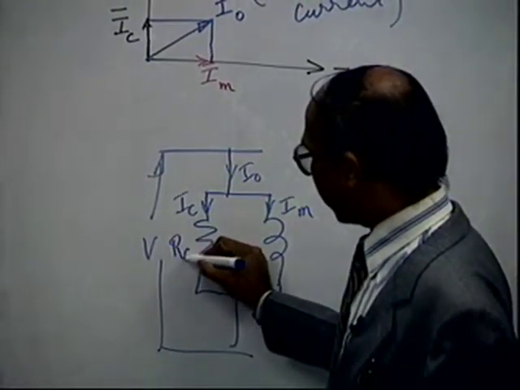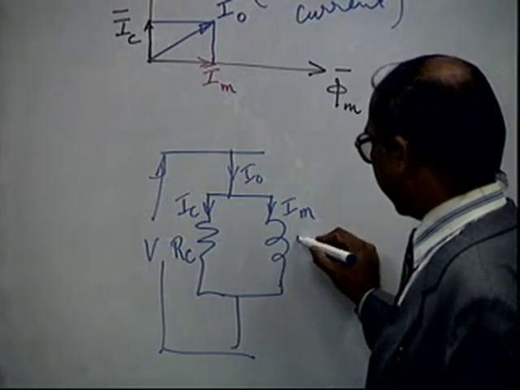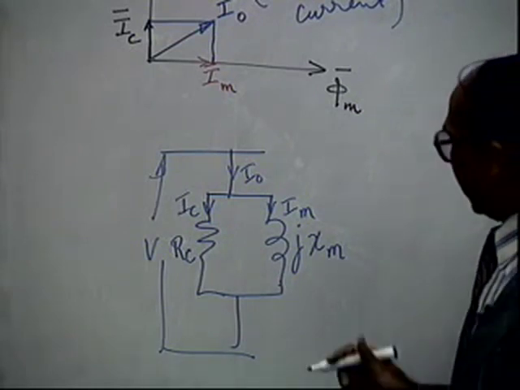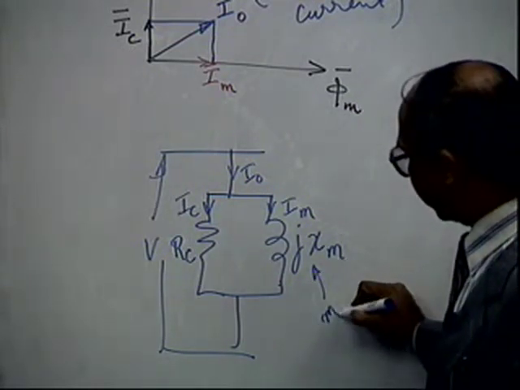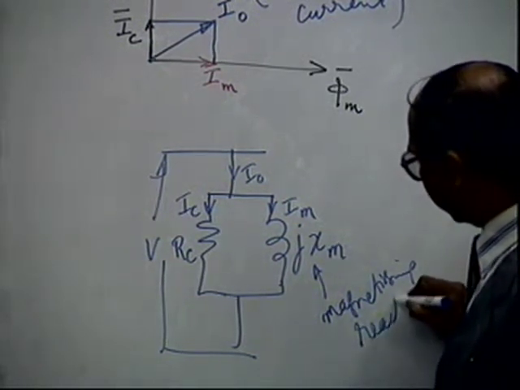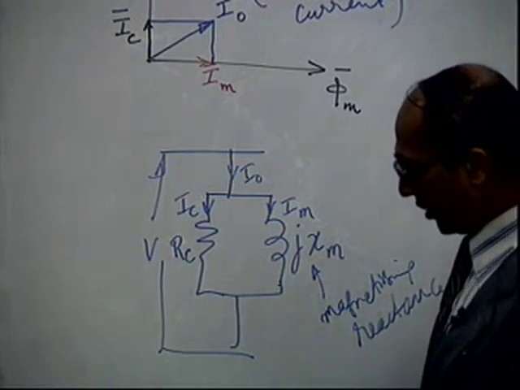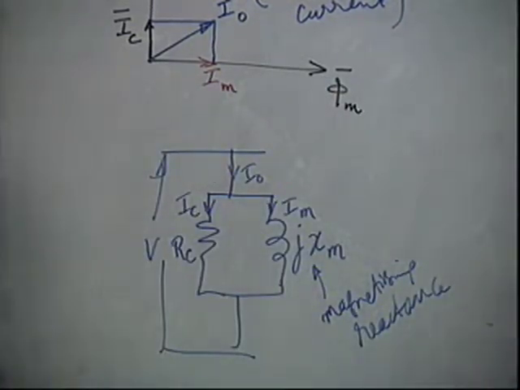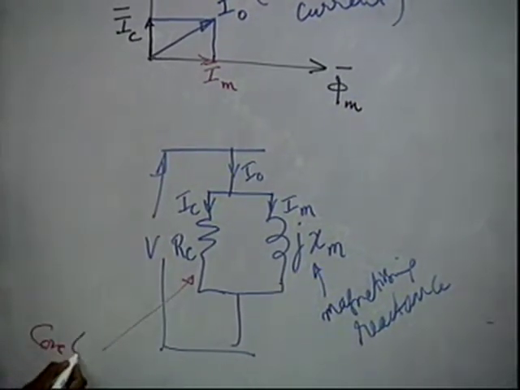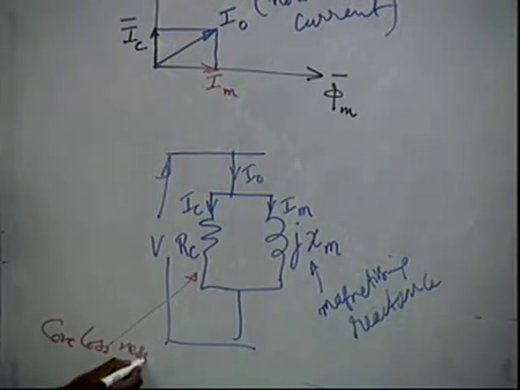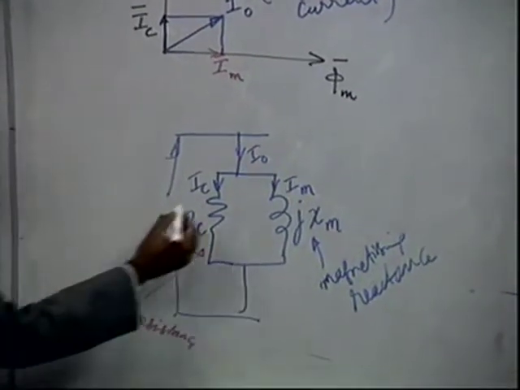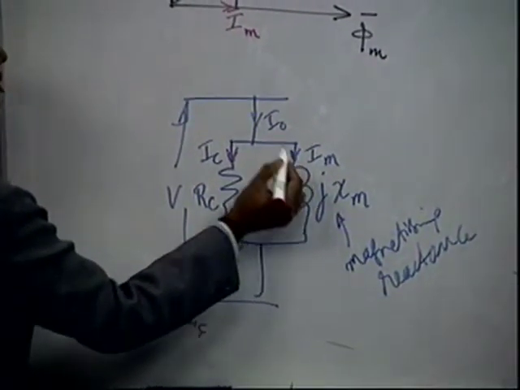Core loss is represented by a resistance RC, and this is represented by a reactance, let us say jXM, called the magnetizing reactance. And this is called the core loss resistance. These two currents are drawn even on no load.